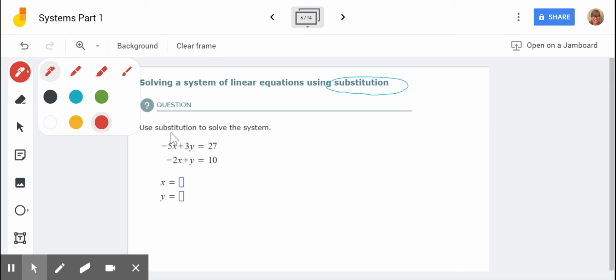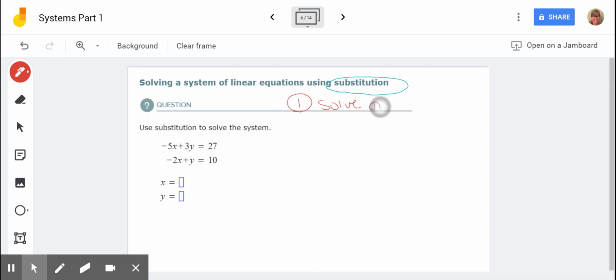This one is substitution. So there is a method to substitution. And here it is. The first thing you do is you want to solve one equation for a variable. Okay.